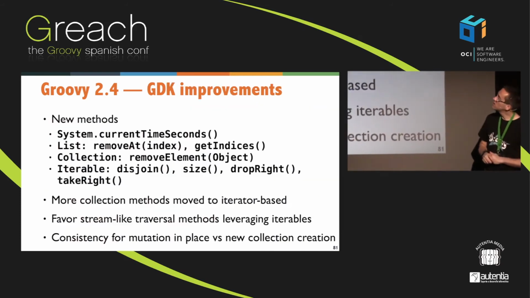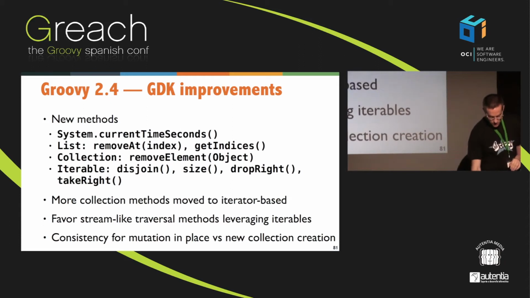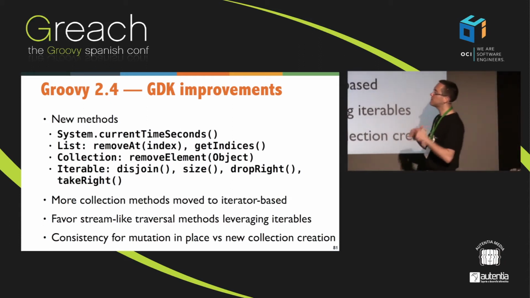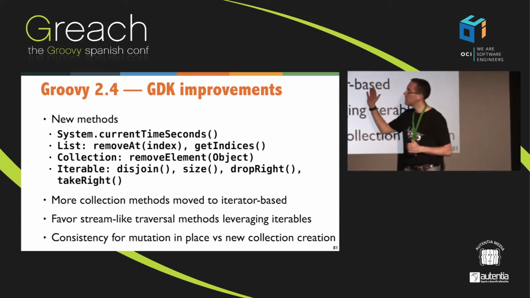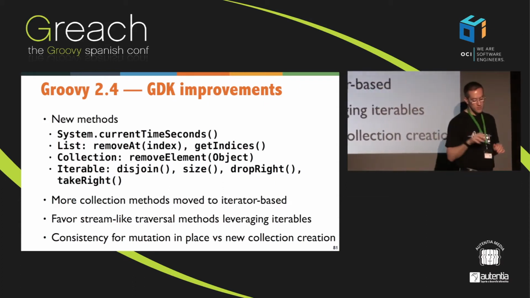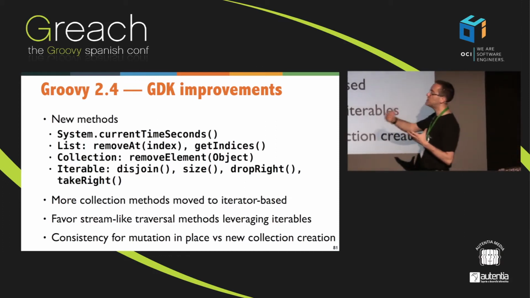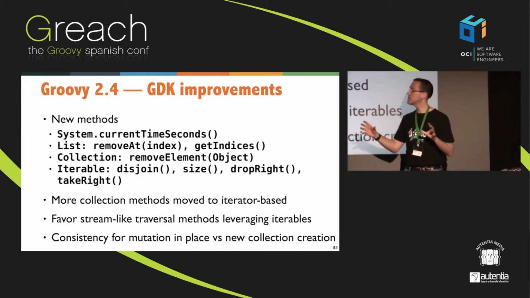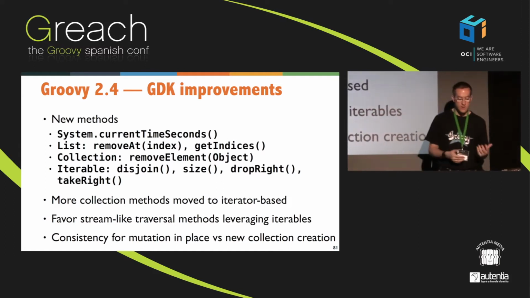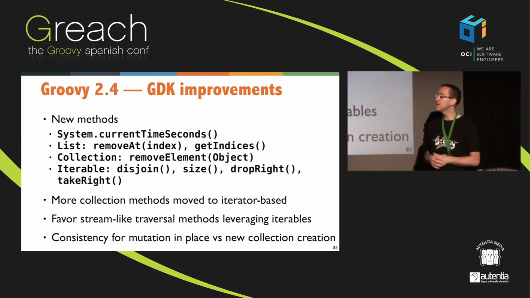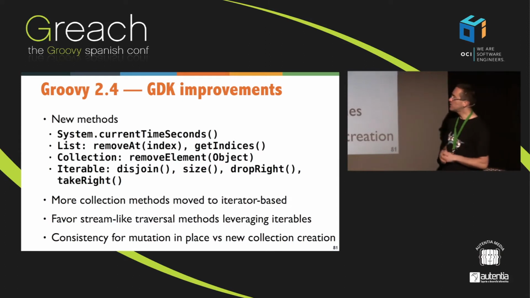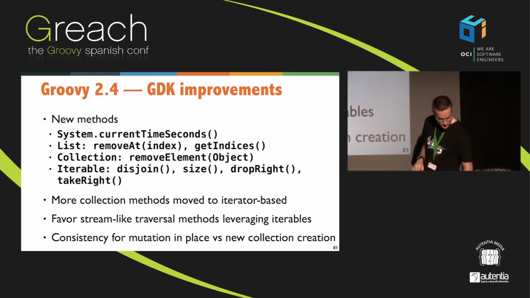Some ongoing GDK improvements. Lots of the nice methods, each, collect, etc., are more based on iterators than before. So instead of always generating intermediary collections, we tend to use iterators so that we can do streaming loops through the data.